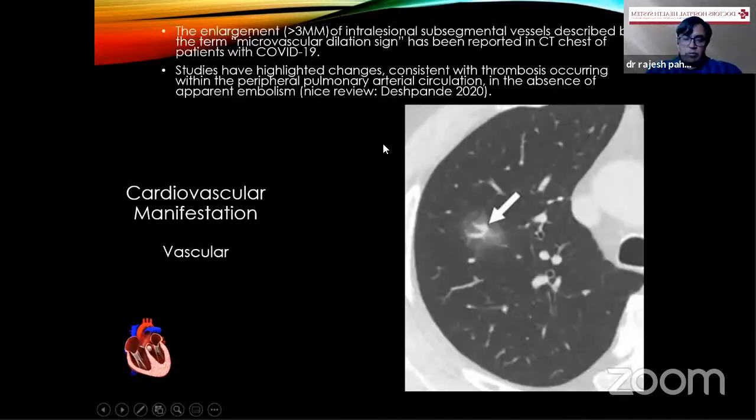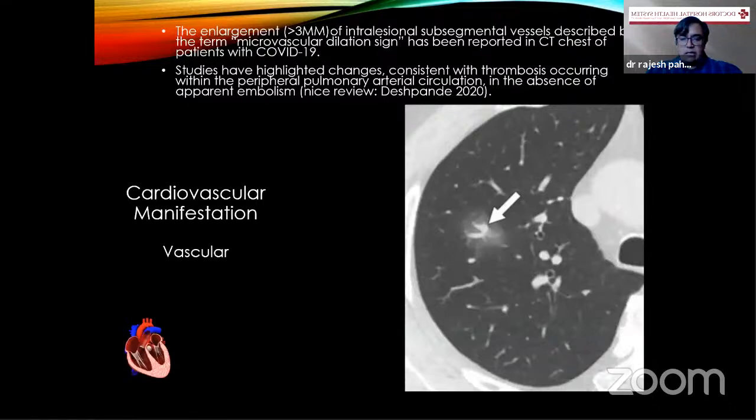So there is another phenomenon which is described in various studies, known as the microvascular dilatation sign, where they describe the dilatation of a peripheral subsegmental pulmonary artery within the lesion of COVID-19. This is the ground glass opacity, which is presumed to be because of the COVID-19 pneumonia.